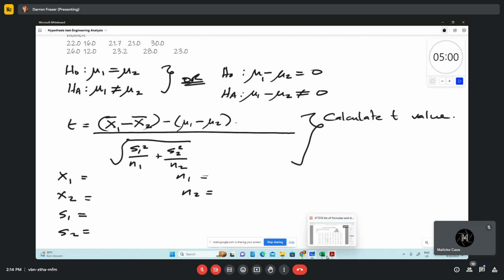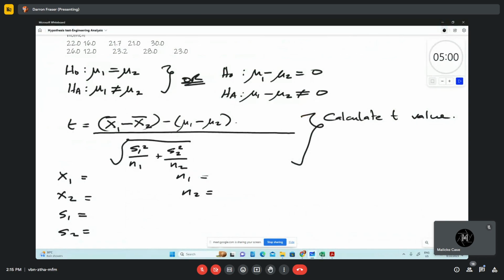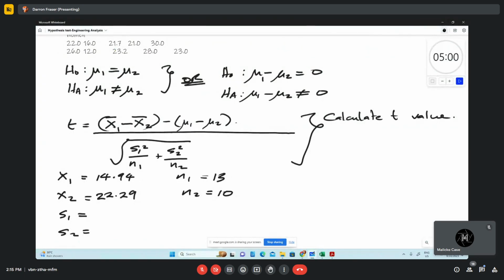So x1 and x2 are 14.94 and 22.29. N1 is 13, N2 is 10. Standard deviations are 6.84 and 5.32.